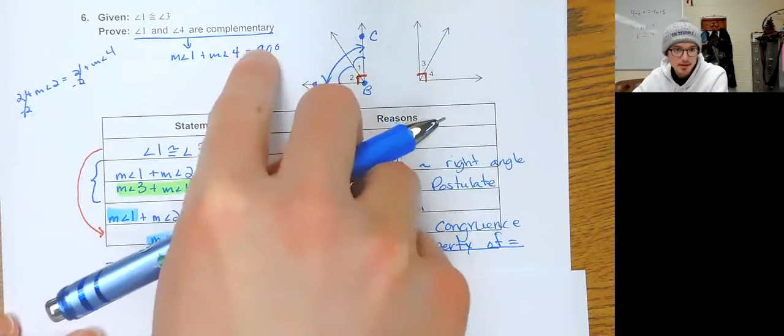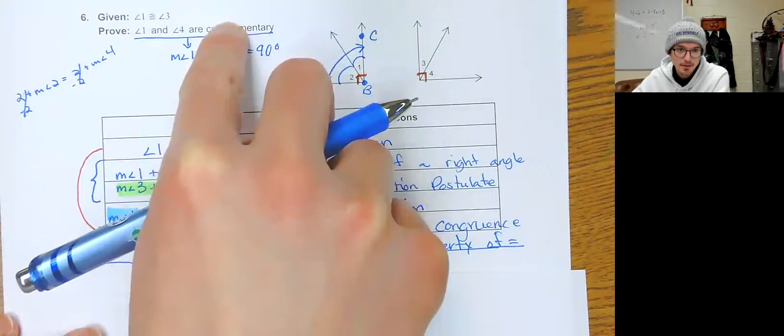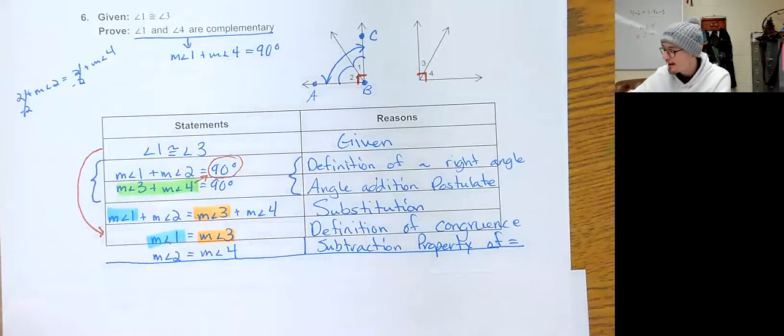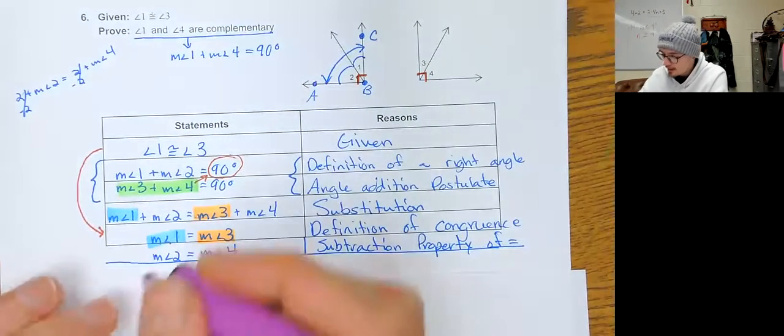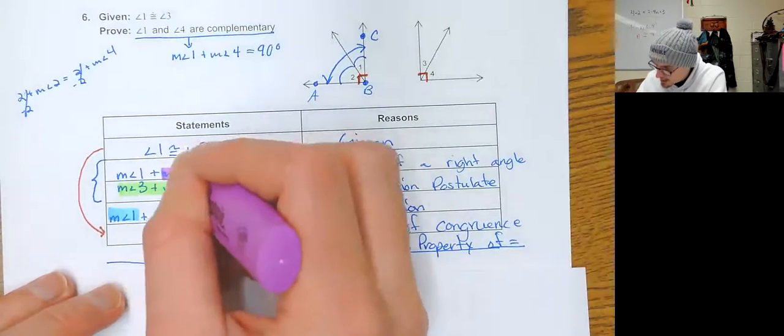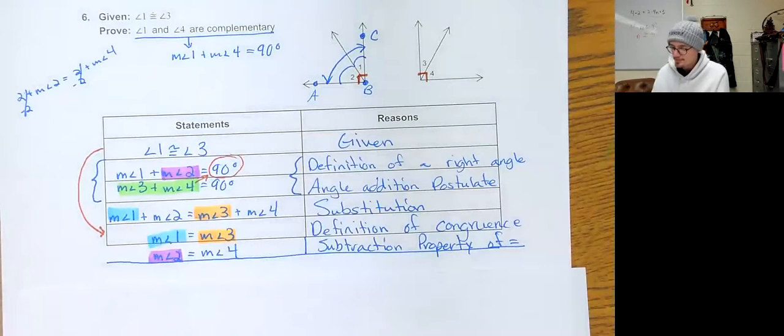If I can get this, then I can get this. So I really need to find this equation. But what I just found, might have been the long way, is that the measure of angle 2 is equal to the measure of angle 4. And that's good news, okay?